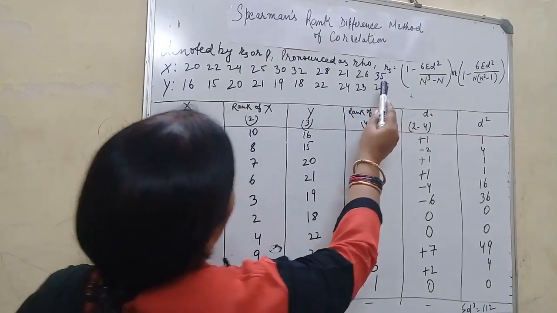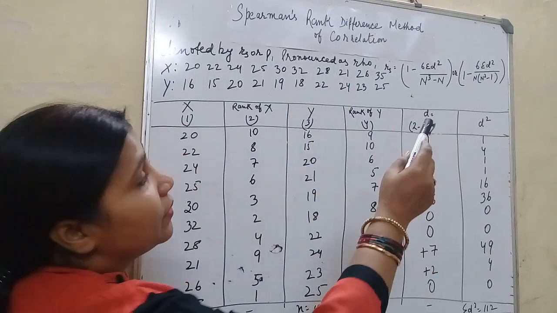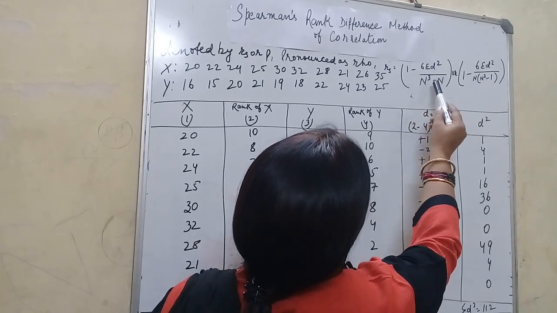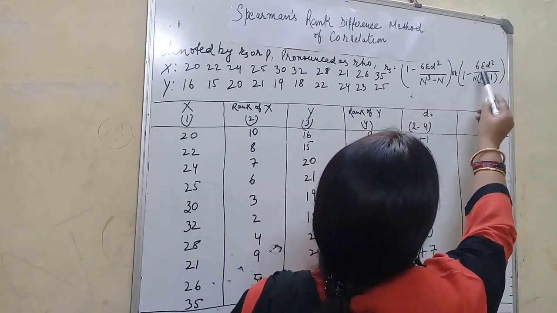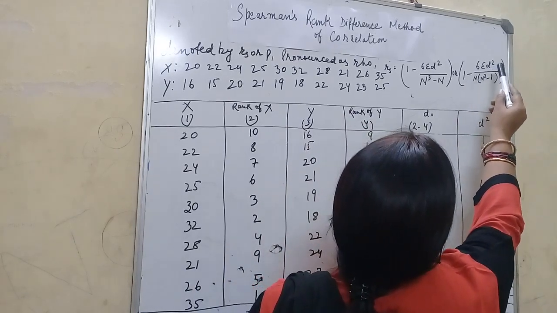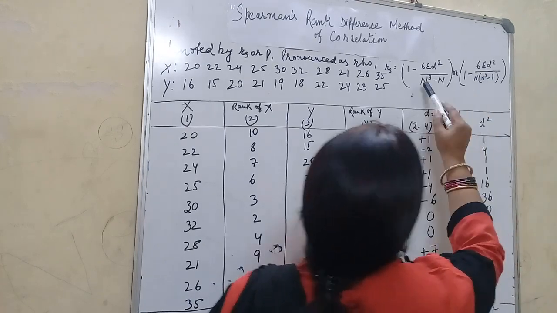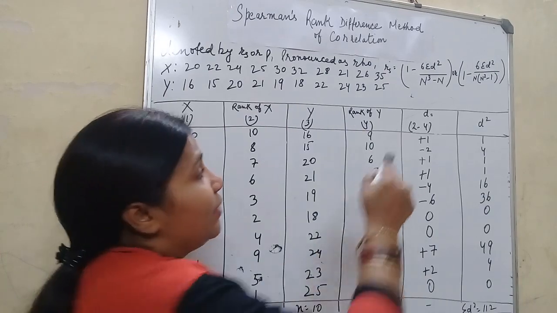The formula of Spearman rank difference method is 1 minus 6 summation d square by n cubed minus n, or we can use 1 minus 6 summation d square by n into n square minus 1. Both formulas have the same meaning. You can use any one of them.